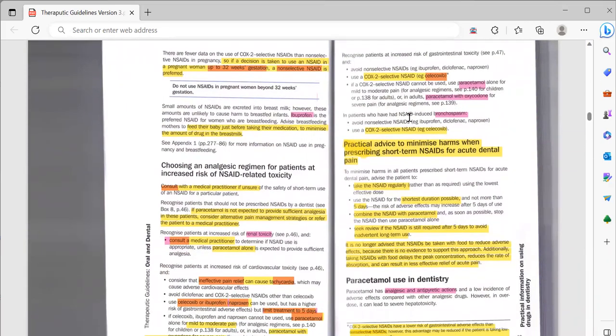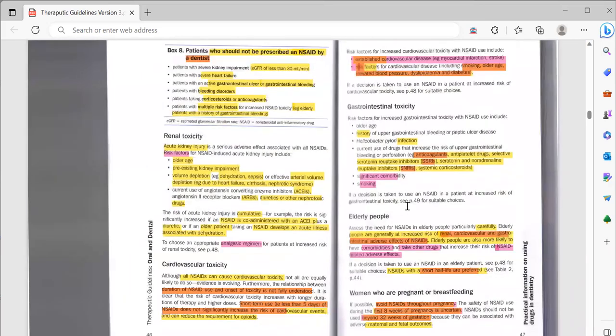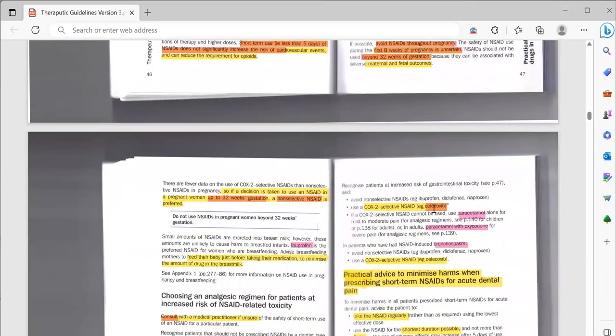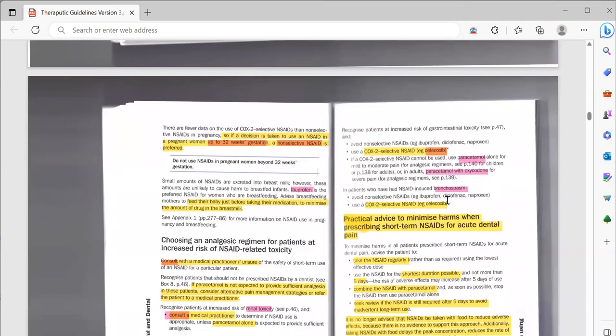And in a patient who has had NSAID induced bronchospasm, we will start from here. If the patient has the risk of bronchospasm, like asthma or any respiratory problem, then avoid non-selective, meaning do not prescribe them ibuprofen, diclofenac, and naproxen.